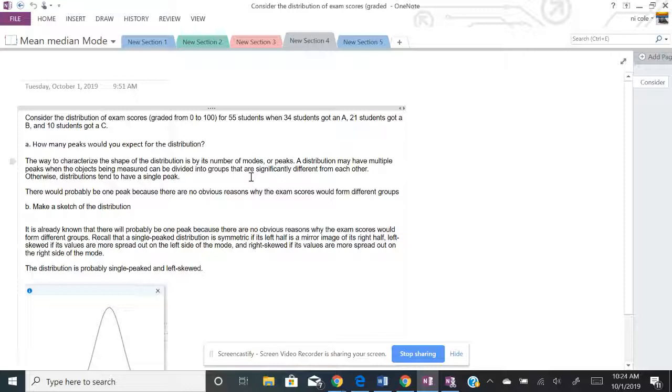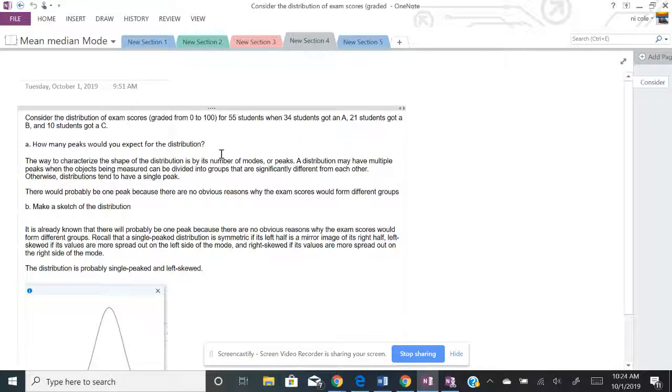All right, so this would be putting all the scores, all the percentages, all the 90s, all the 80s, and all the 70s into a distribution. What kind of curve would you expect? How many peaks would you expect? And the answer is you would expect 1 peak.